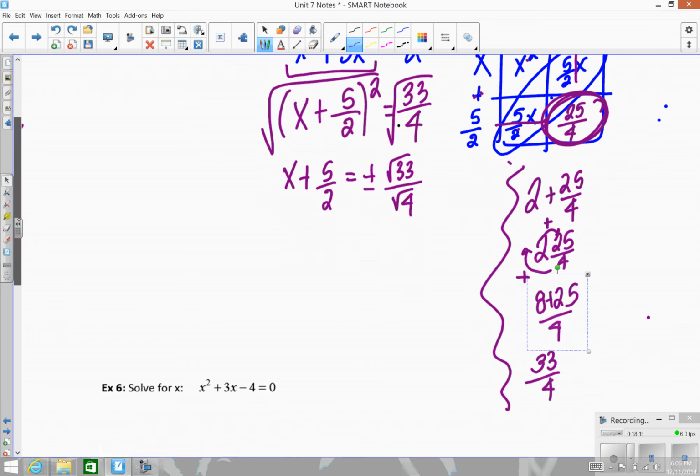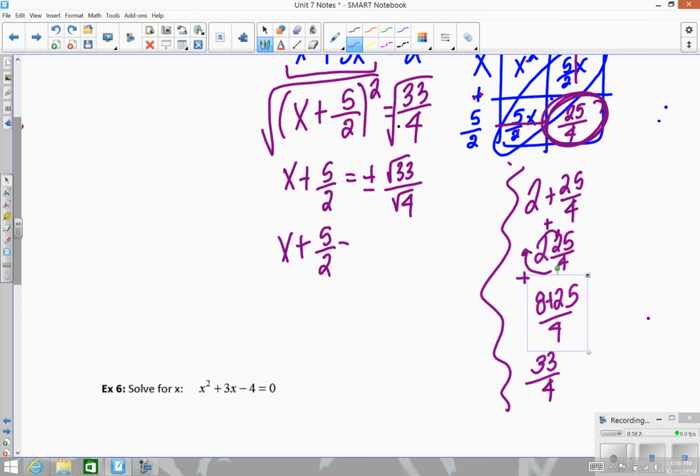And in this case, my square root on the top isn't going to reduce, so I'm just going to leave it as the square root of 33. But on the bottom, the square root of 4 is just 2. So then I can bring this 5 halves over, so it's going to be negative 5 halves plus or minus square root of 33 over 2.